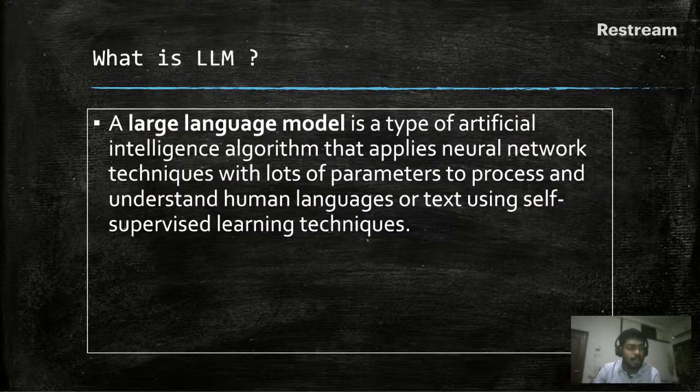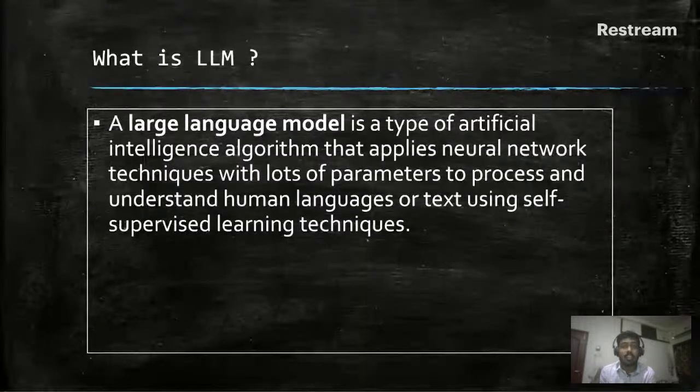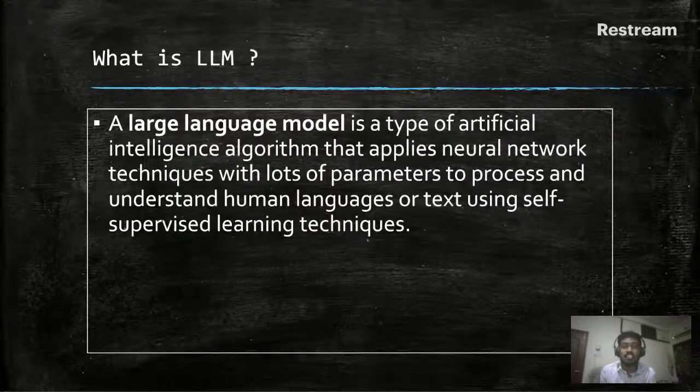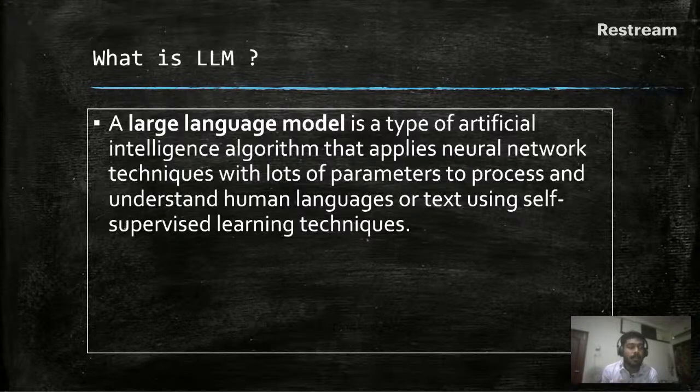For example, I'm an Indian, so my accent is different, as are those in the UK, USA, Switzerland, Australia, or Europe. The LLM will understand the human language or text, whatever content you have prepared for this model.